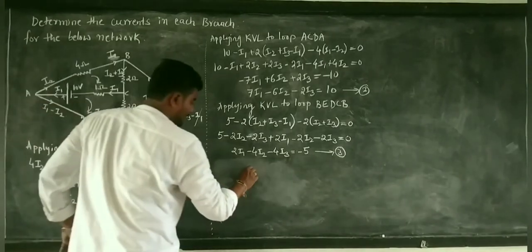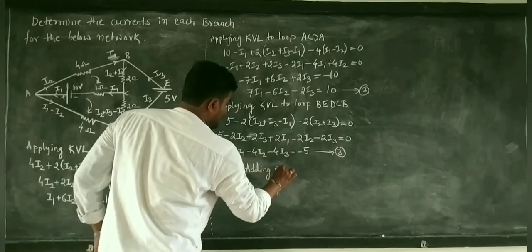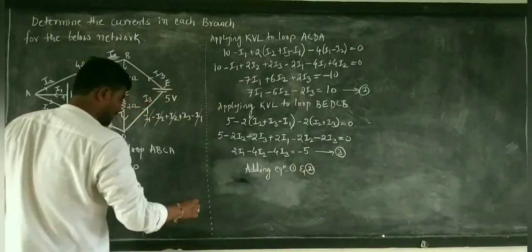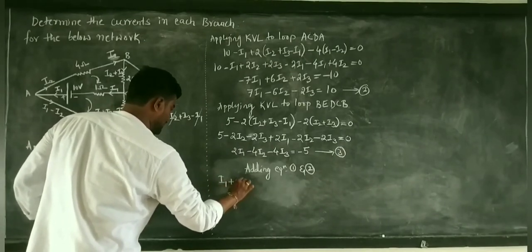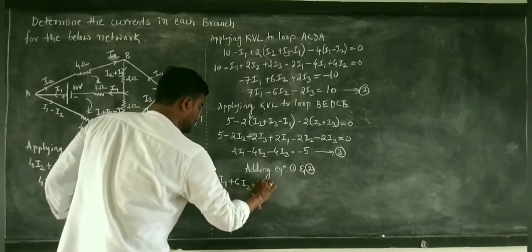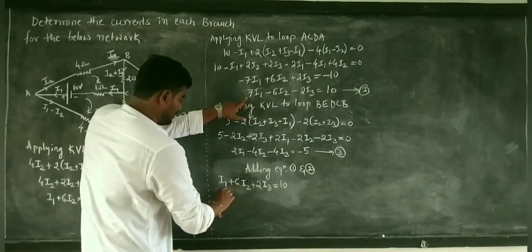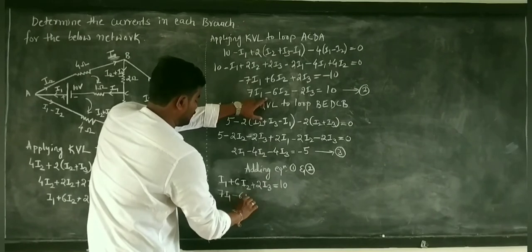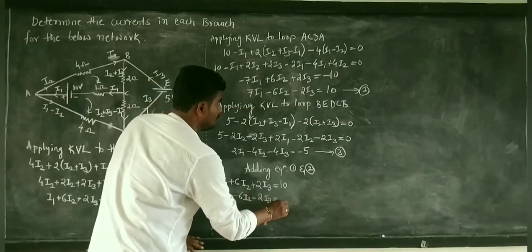Okay, therefore, adding equation 1 and 2. Equation 1 is I1 plus 6I2 plus 2I3 is equal to 10. And equation 2 is 7I1 minus 6I2 minus 2I3 is equal to 10.